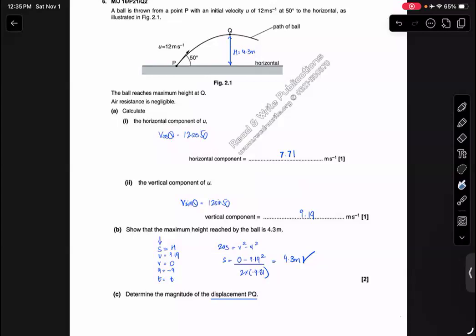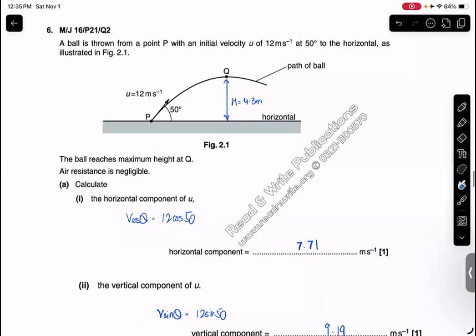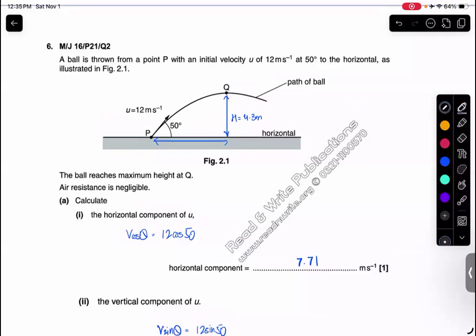Yes. Anya, what do you think? How do you find out the magnitude of displacement PQ? I think we're going to find the horizontal distance. Half of it, till the top, basically. Okay. So you're saying I find out this distance? Okay, but what will that do? I think we then find it using one of the equations.